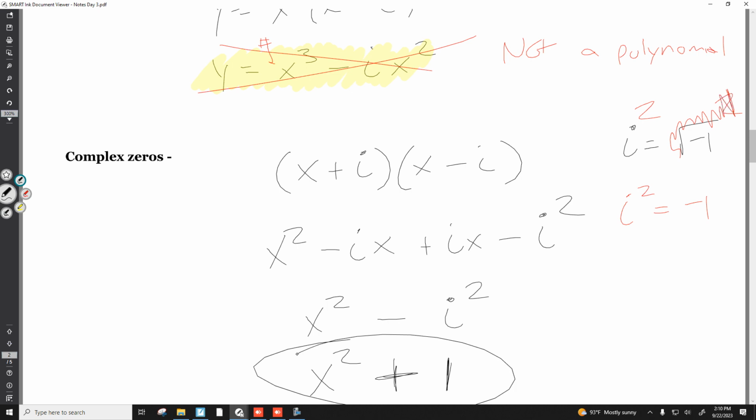What this means is that you will always have pairs of complex zeros. Complex zeros always come in pairs. You always have 2 of them, or 4 of them, or 6 of them.